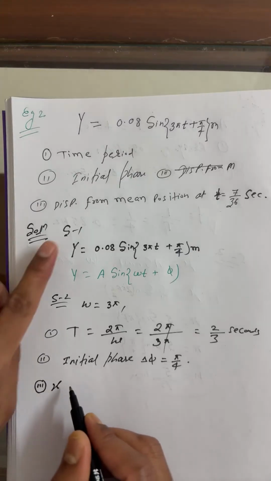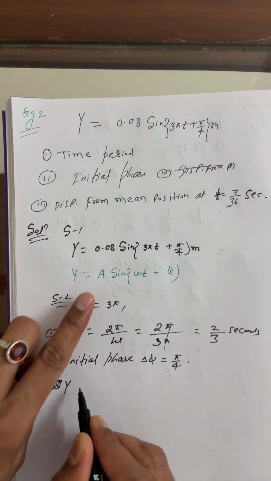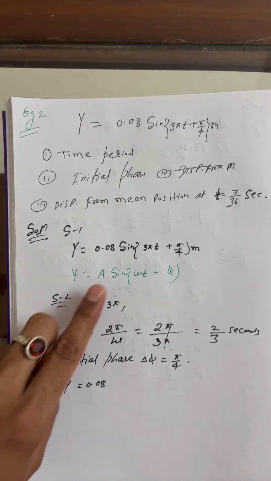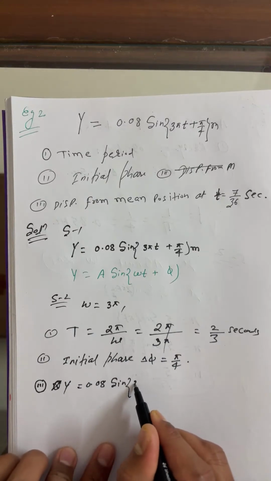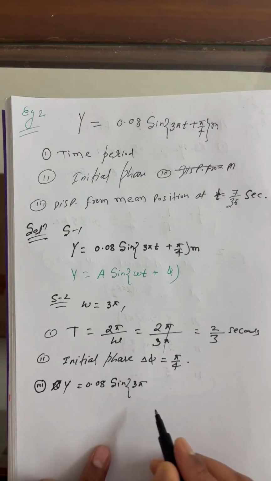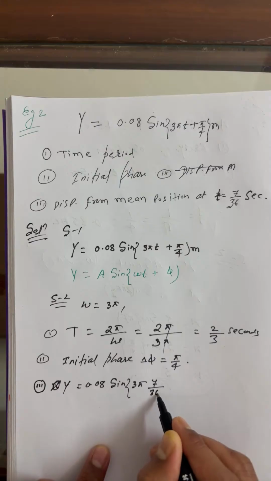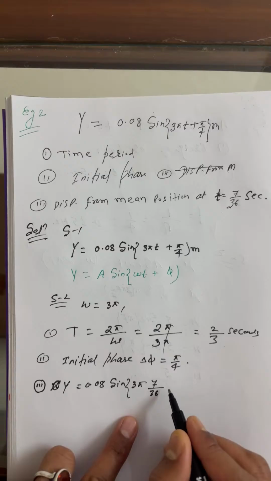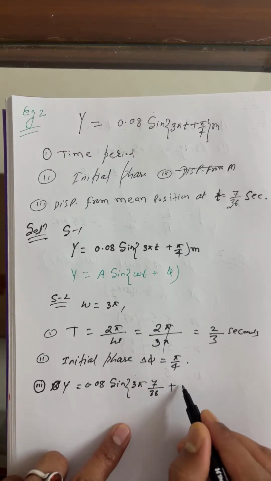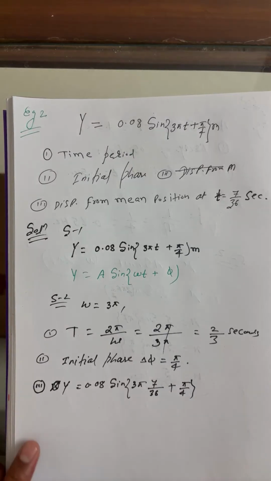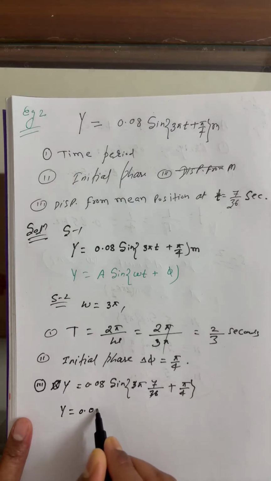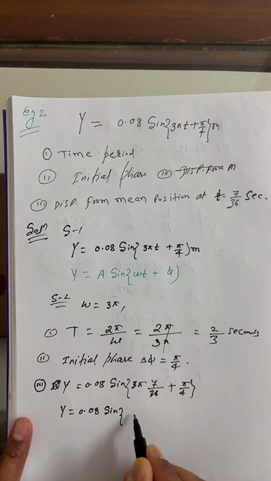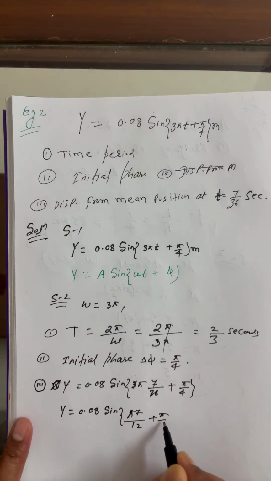So here it is y, not x, my dear. y equals 0.08 sine (omega, which is 3 pi, times t, which is 7 by 36, plus phi, which is pi by 4). 3 into 7 by 36 is 7 pi by 12. So y equals 0.08 sine (7 pi by 12 plus pi by 4).